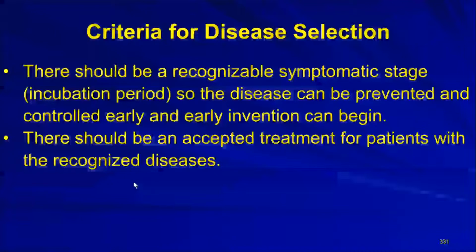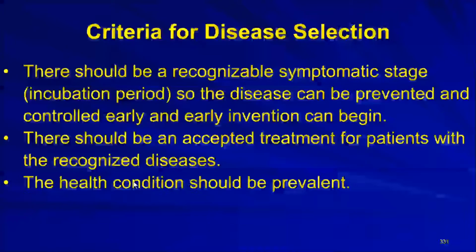We don't want to just identify them and not be able to do something for them. Sometimes that's not always possible, but that's the goal, especially of using a screening test. We want a problem that's prevalent. We don't want one that is rare, that doesn't occur very often.